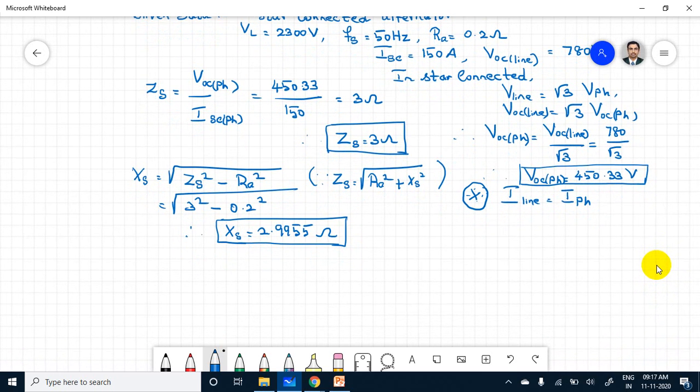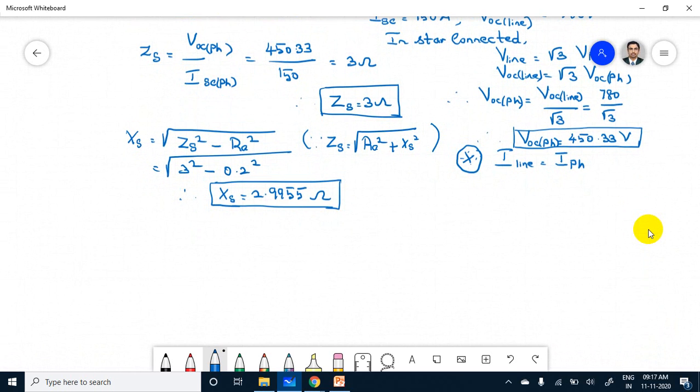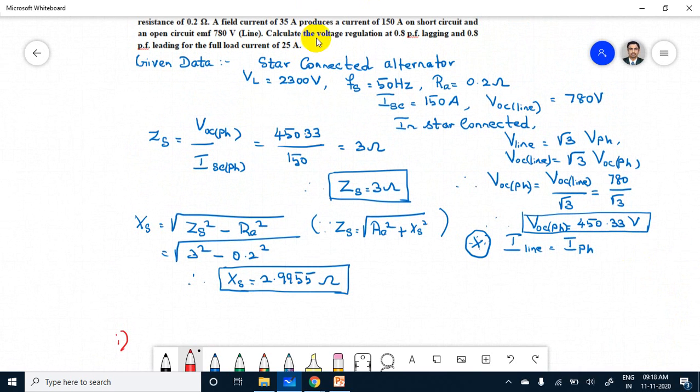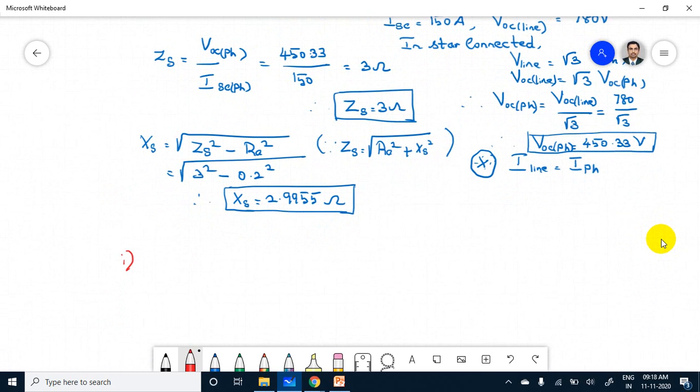Now we have to find out the parameters. As per your problem, the first subdivision will be: calculate the voltage regulation at 0.8 power factor lagging.